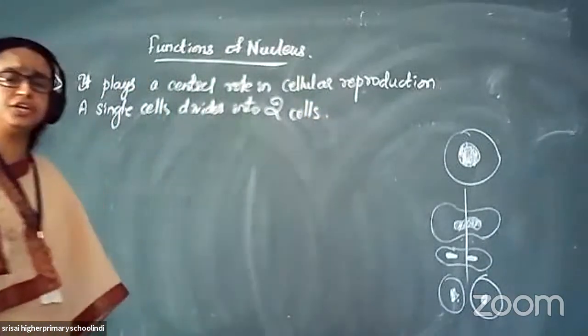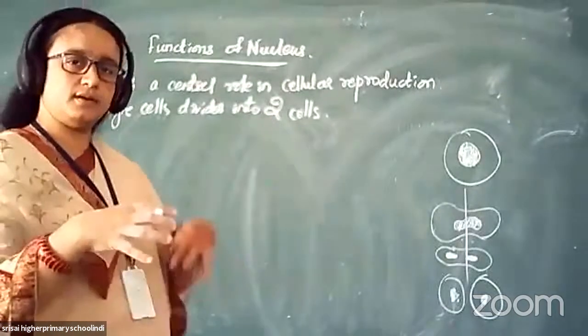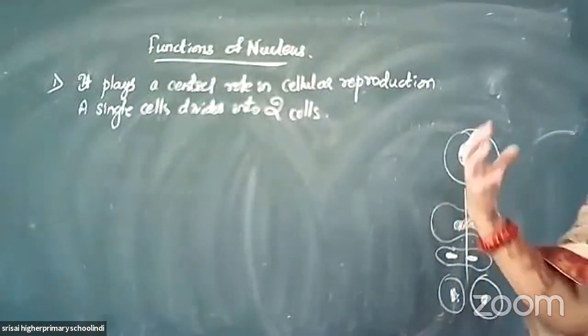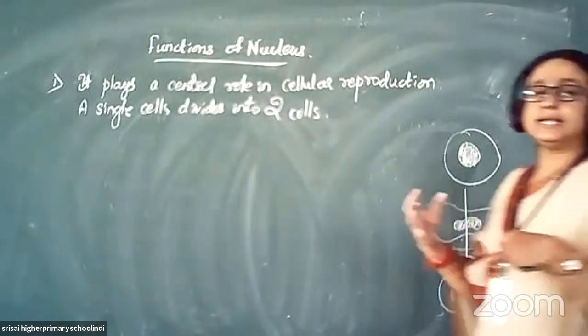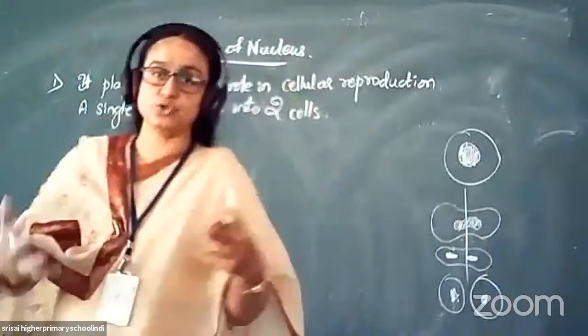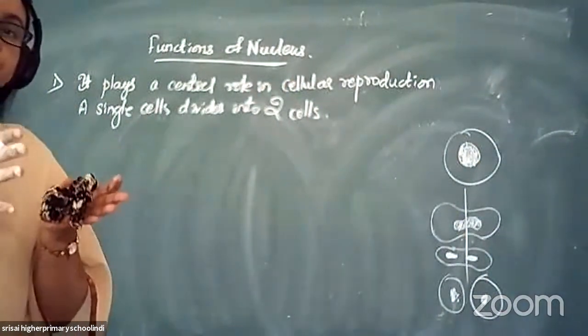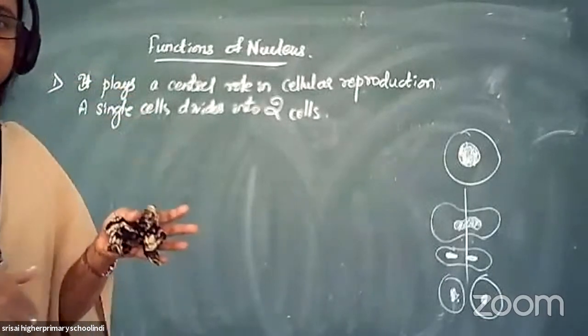Again, the next thing, it plays a very crucial, important part along with the surrounding, in understanding how the cell is actually developing, and during the time of maturity, what is happening in the cell.